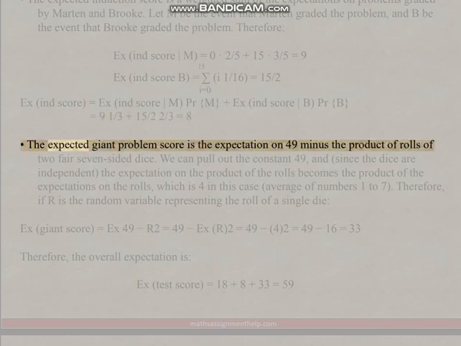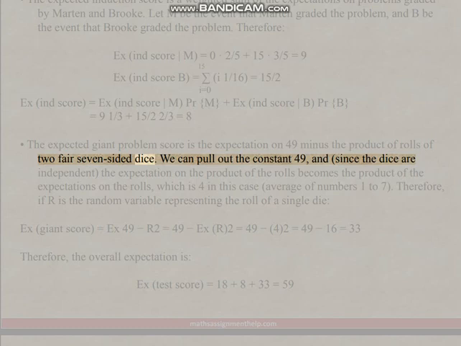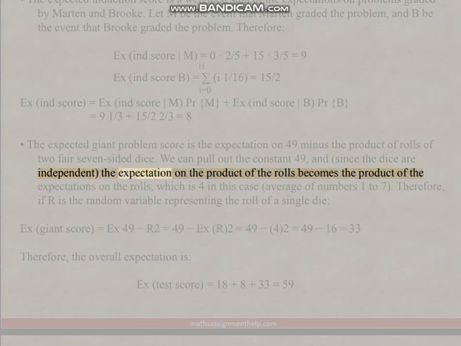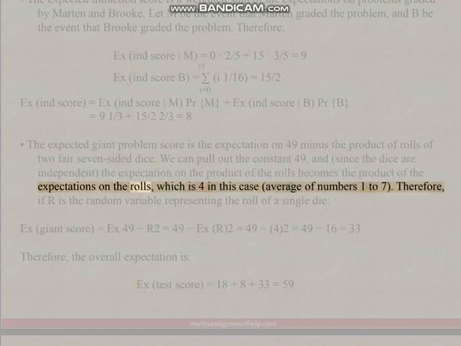The expected giant problem score is the expectation of 49 minus the product of rolls of 2 fair 7-sided dice. We can pull out the constant 49, and, since the dice are independent, the expectation of the product of the rolls becomes the product of the expectations of the rolls, which is 4 in this case, the average of numbers 1 to 7.